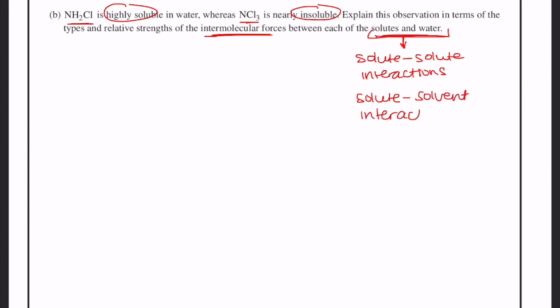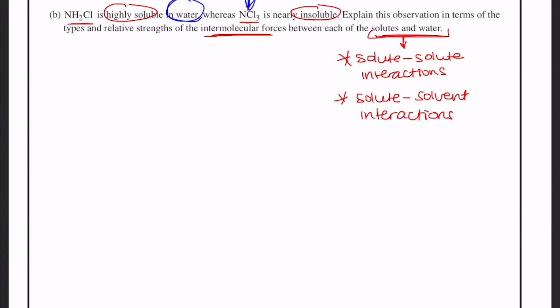So this is what we need to be talking about in our answer. Both of these need to be used. We need to be comparing the solute-solvent interactions, especially between these two. And that's just saying that NH2Cl is able to do something with water that NCl3 is not able to do, and we know that because of the solubility differences.